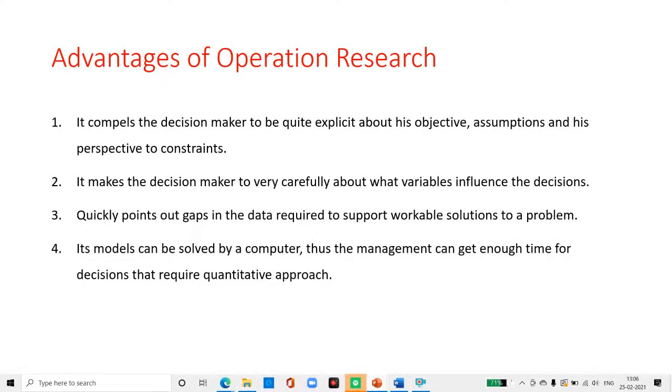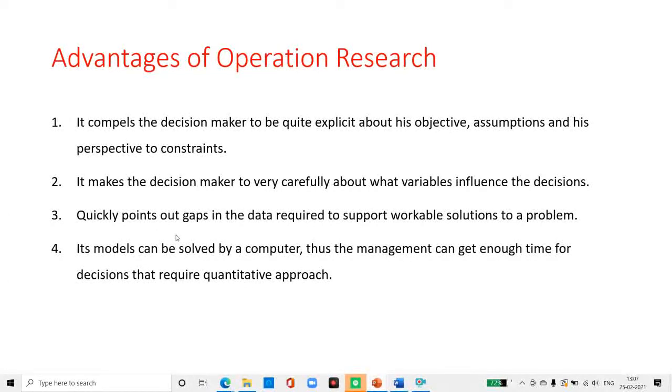So what are the advantages of operational research? It compels the decision maker to be quite explicit about his objective, assumptions, and his perspective on the constraints. Second, it makes the decision maker very careful about what variables influence the decision.